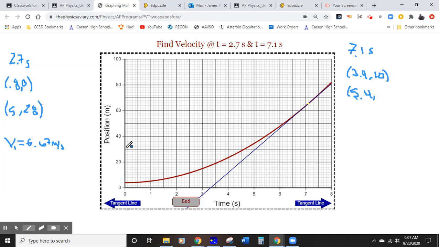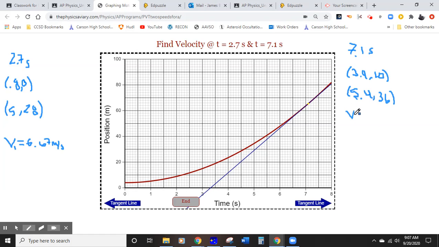This is 30, 32, 34, 36. So 5.4, yeah, 36. Go ahead and put down here 36.